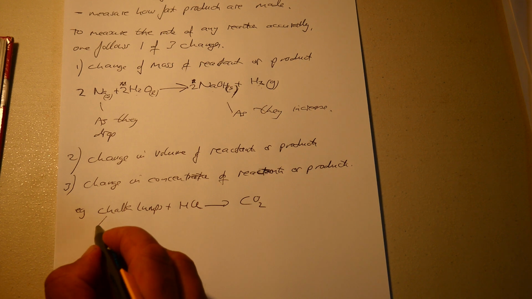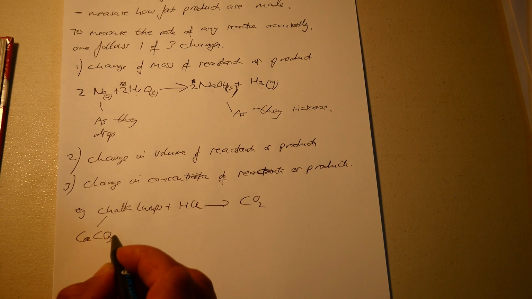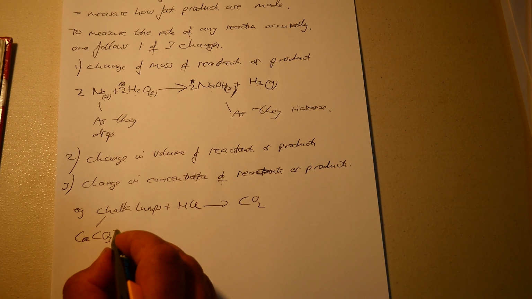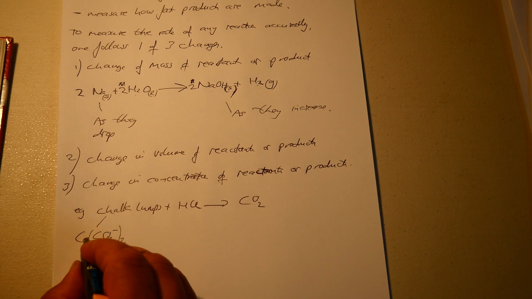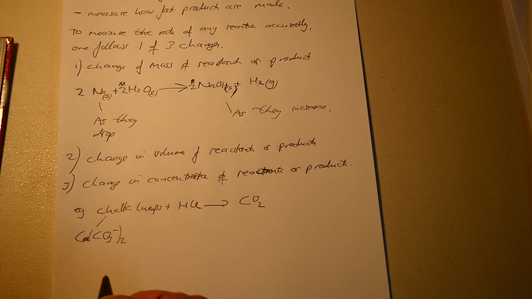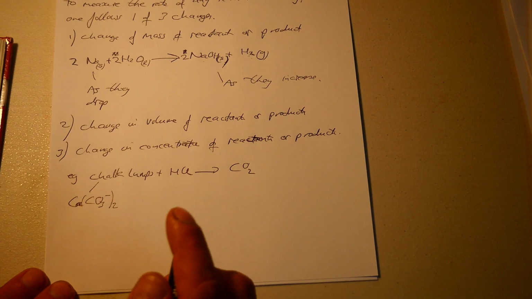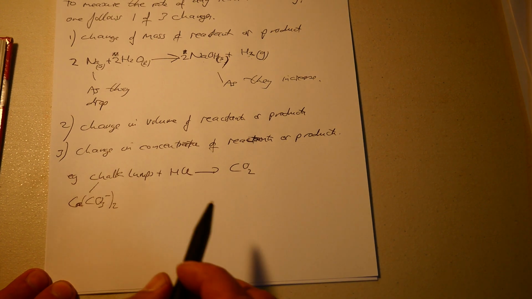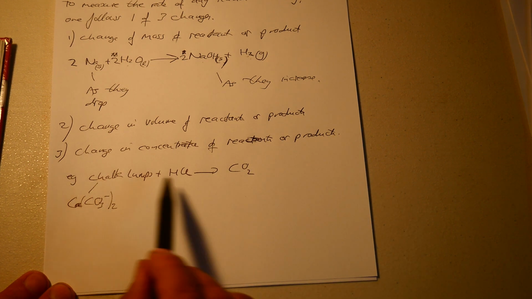I think this is CaCO3, and I think the other has 1 minus, which means you have to have 2 of those. Calcium carbonate. So you get an increase in products and a decrease in reactants as they react.